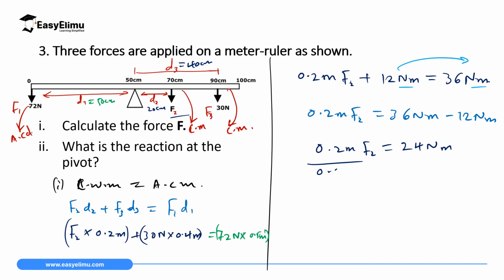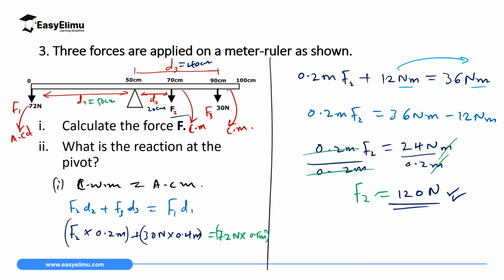Then we divide by 0.2 meter on both sides. The 0.2 meter on the left hand side goes, and we remain with F2 equals 24 divided by 0.2, with the meters canceling out, which is the same as 120 Newton.